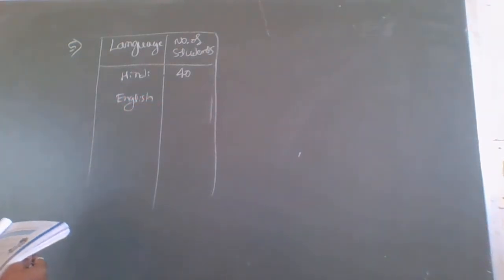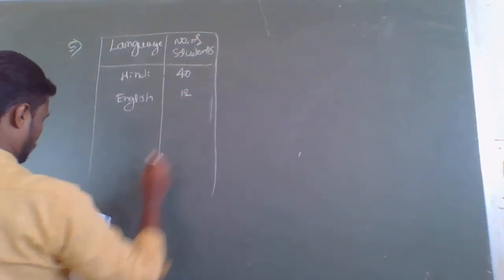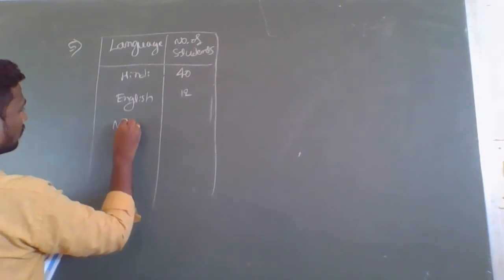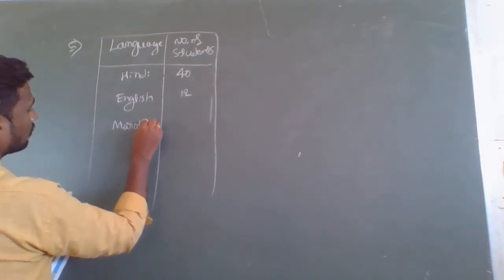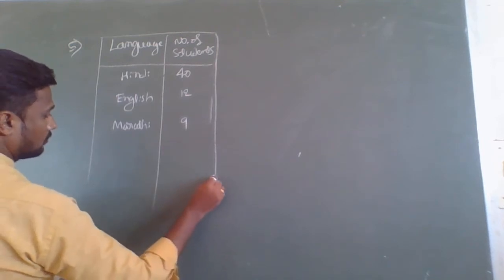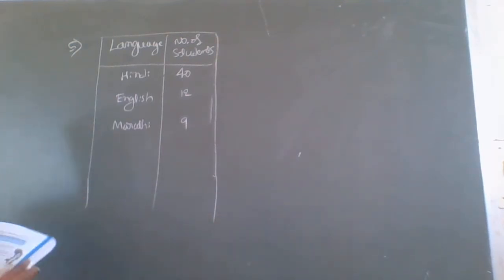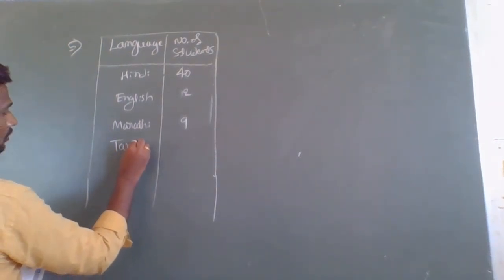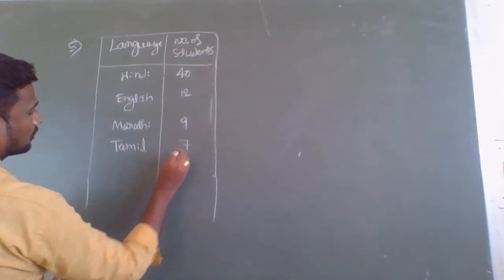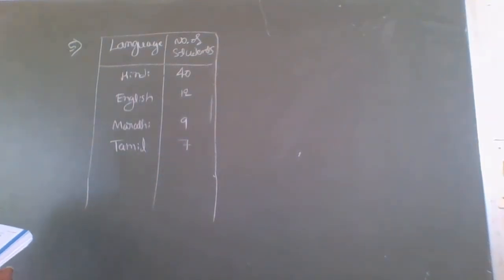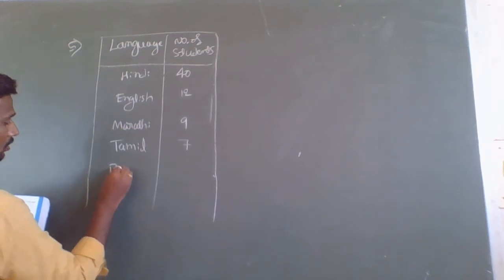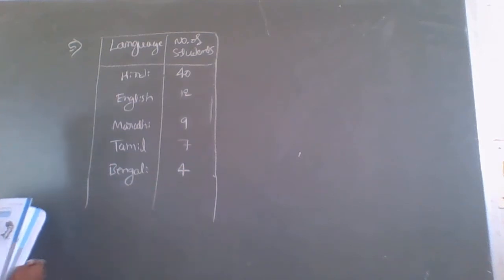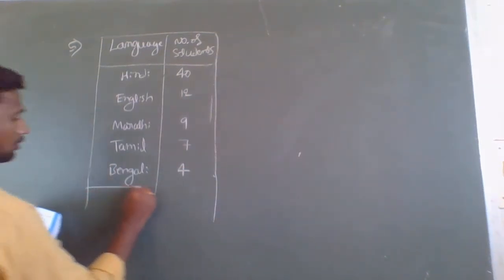English is spoken by 12 students. Marathi by 9 students. Tamil 7 students. Bengali 4 students. So final total.